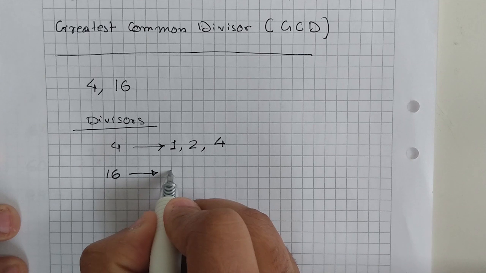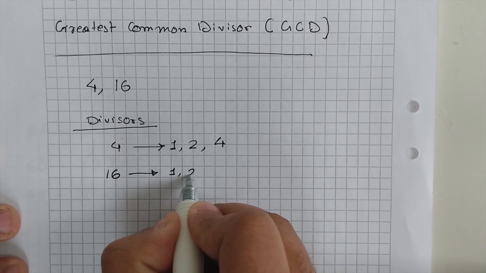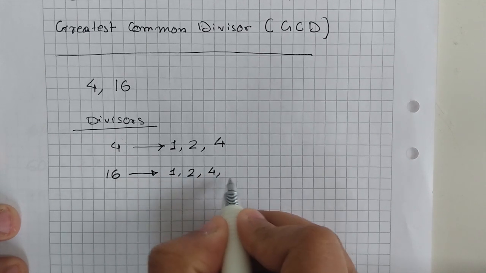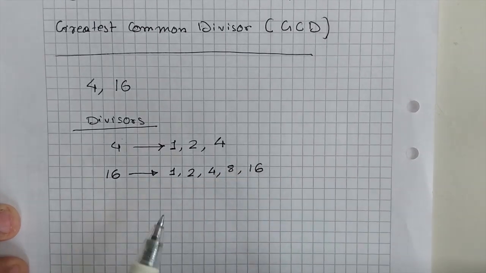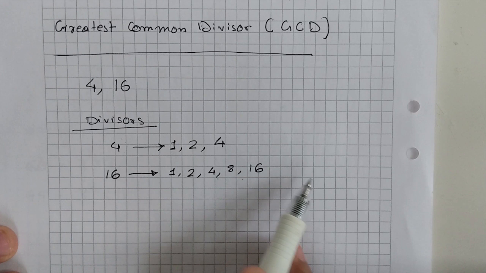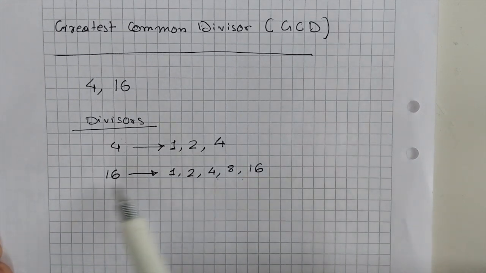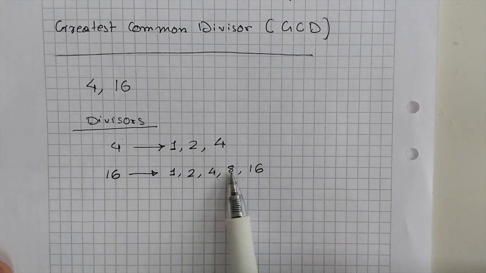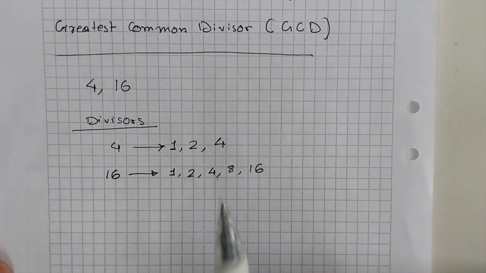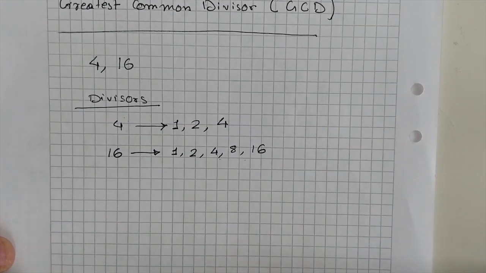Now take the example of the number 16. 16, on the other hand, can be divided by 1, 2, 4, 8 and 16. So all of these numbers are the divisors of 16. If you divide 16 by 16, you get 1. If you divide 16 by 8, you get 2, and 16 divided by 4 gives you 4.